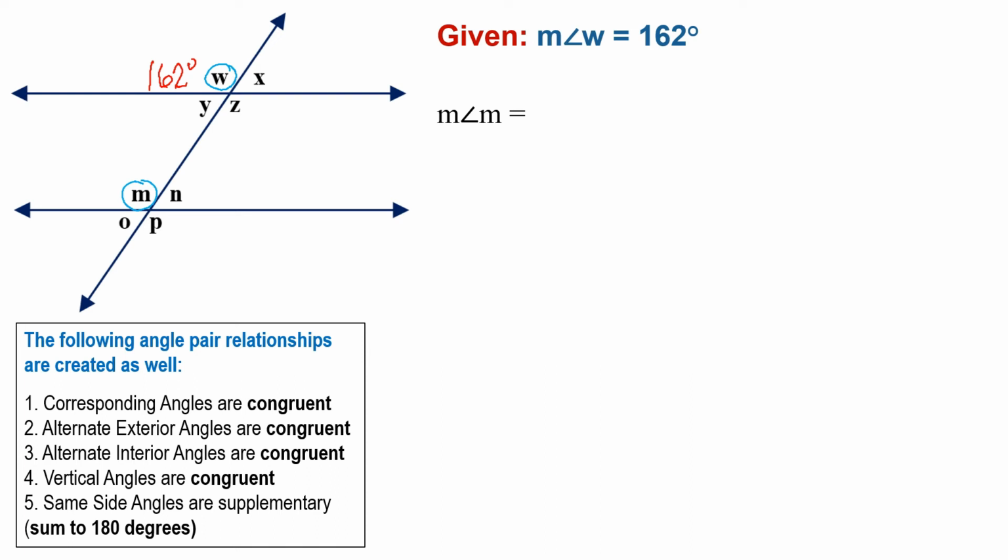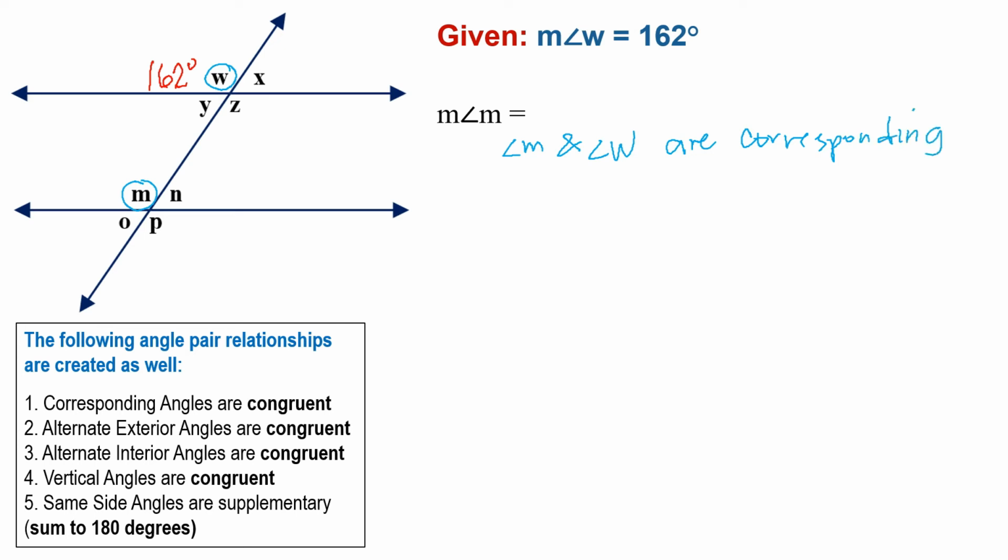What is their relationship? Are they corresponding, alternate, vertical, or same side? As you can see, angle W is in the upper left. Same with angle M, it's also in the upper left of this set of angles. Therefore, angle M and angle W are corresponding angles.